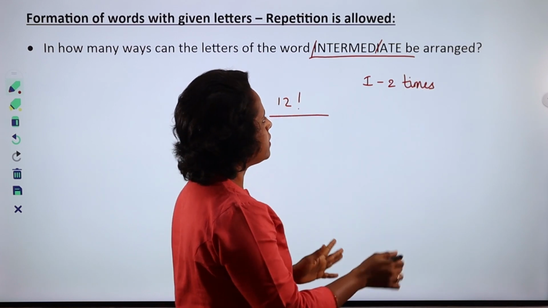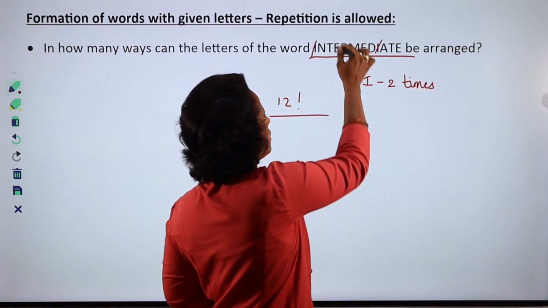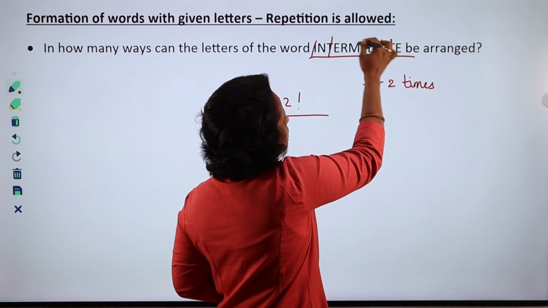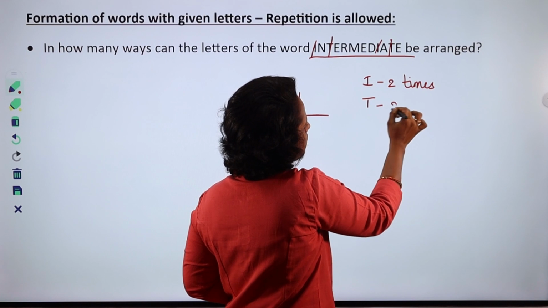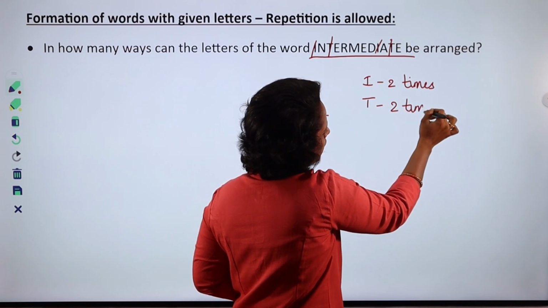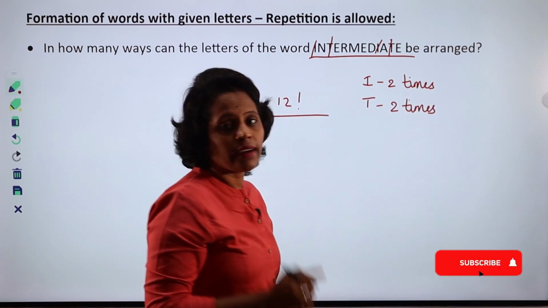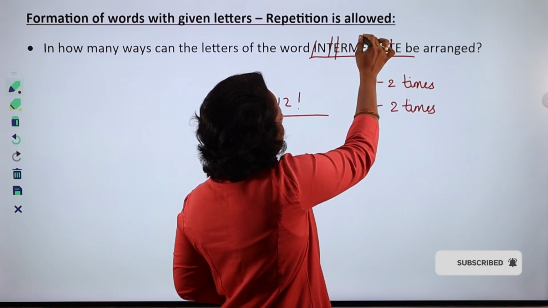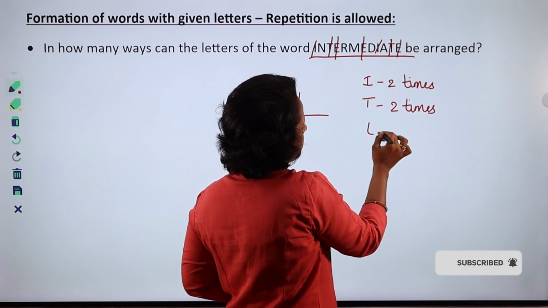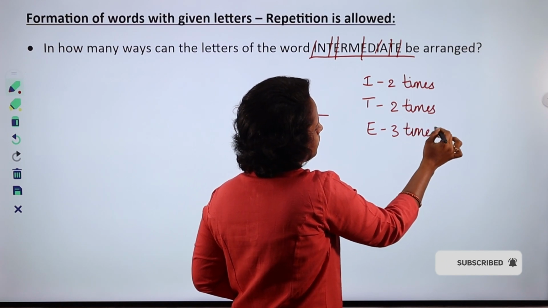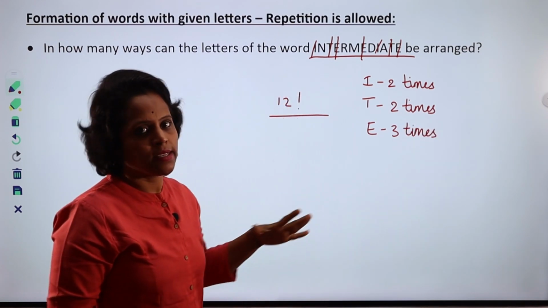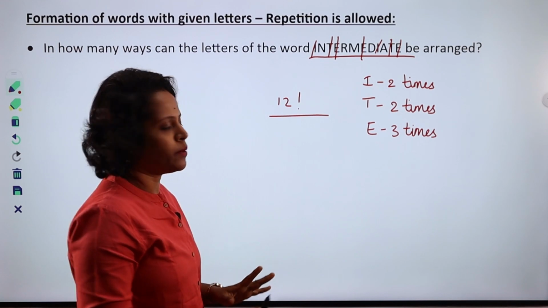N is not repeated. T is repeated 2 times. The next letter, E, is also repeated 3 times. All the remaining letters are distinct, right? There is no other repetition.